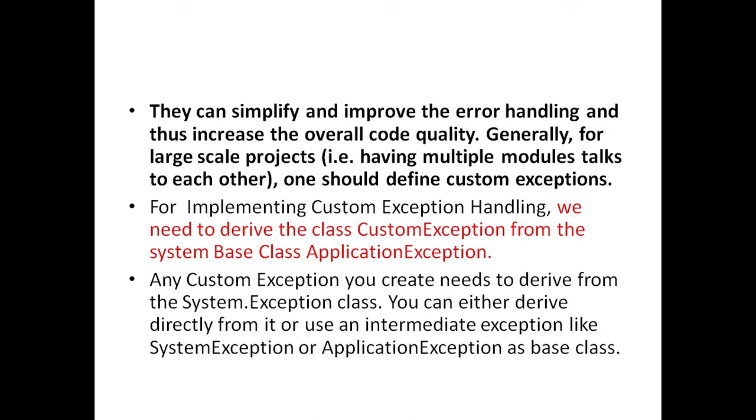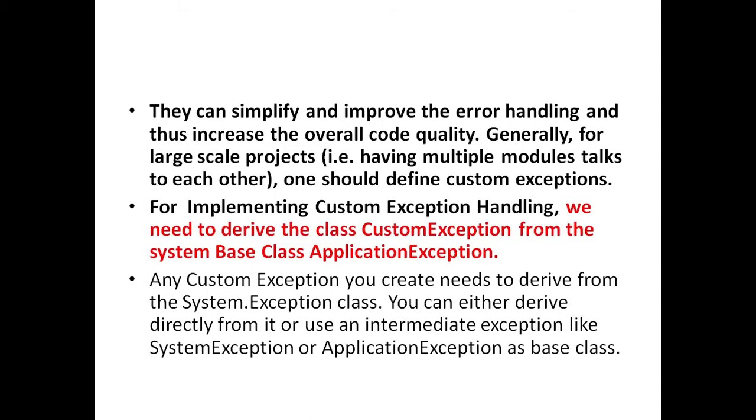Generally, for large scale projects, that is, having multiple modules interacting with each other, one should define custom exceptions. For implementing custom exception handling, we need to derive the custom exception class from the system base class ApplicationException.